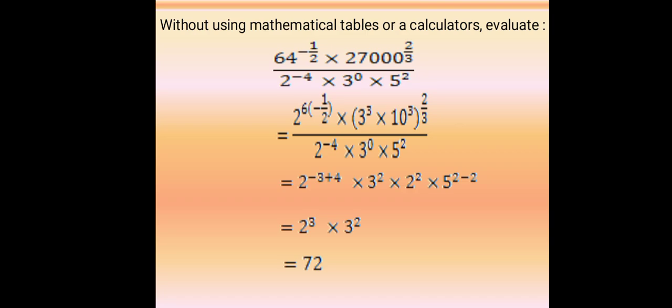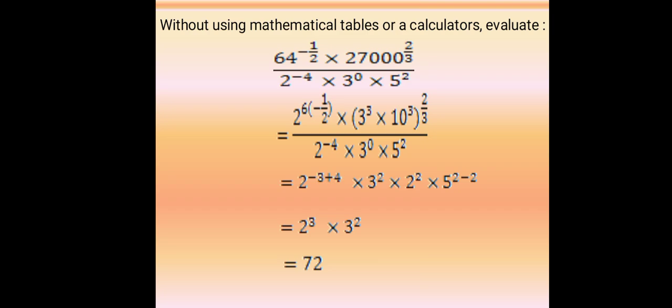But remember, we also have a 5 down as a denominator, so we shall have to subtract from the 5 up there, so that our equation is 5 squared minus 2. Now if we simplify the 2, we shall remain with 2 cubed, and the 3 we shall remain with 3 squared.